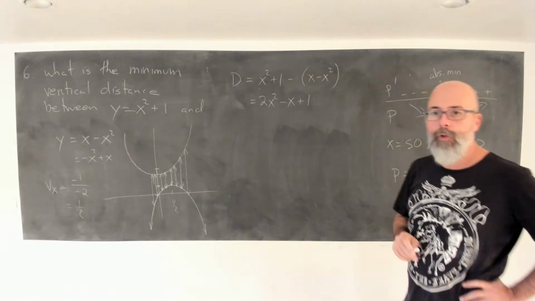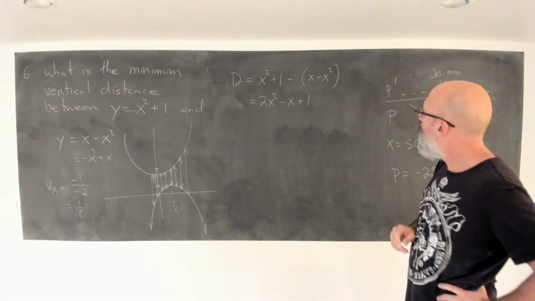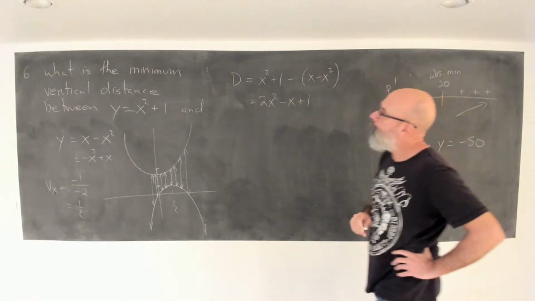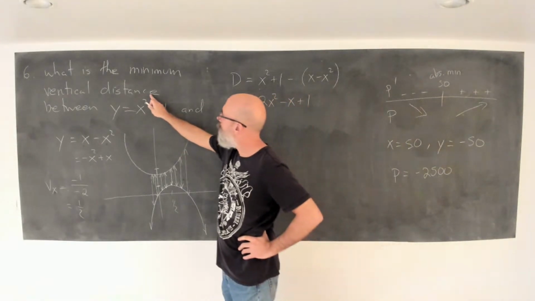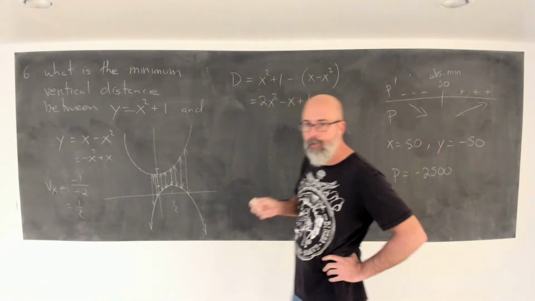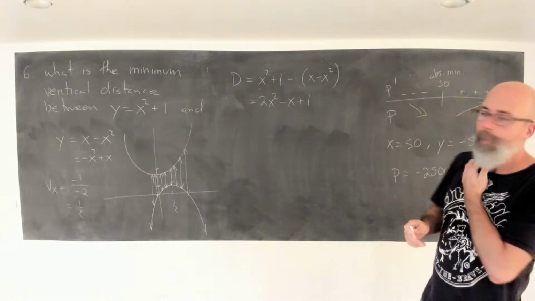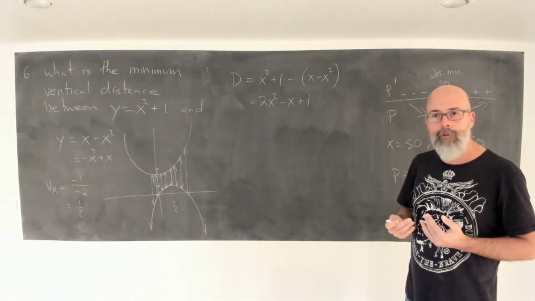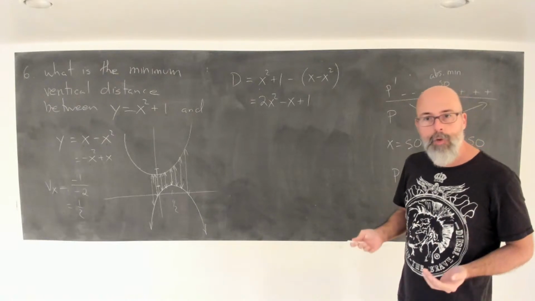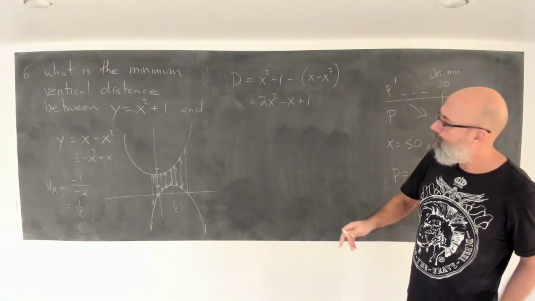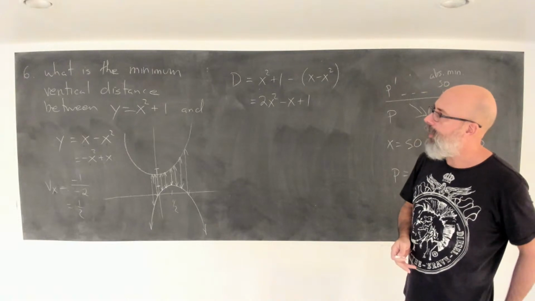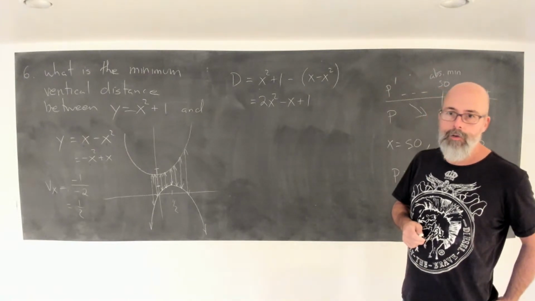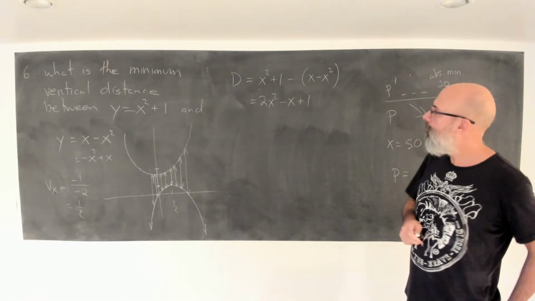Would it matter which one you would subtract? Absolutely, right? Absolutely, because we want a distance, so we're expecting a positive answer. If you did one minus the other, the distance would always be negative, and there wouldn't be a smallest one, right? In fact, in that case, you might ask, what is the largest distance?